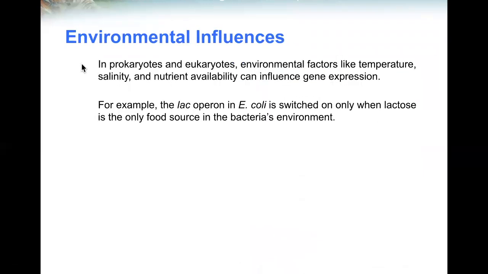In prokaryotes and eukaryotes, environmental factors like temperature, salinity, and nutrient availability can influence gene expression. For example, the lac operon in E. coli is switched on only when lactose is the only food source in the bacteria's environment.